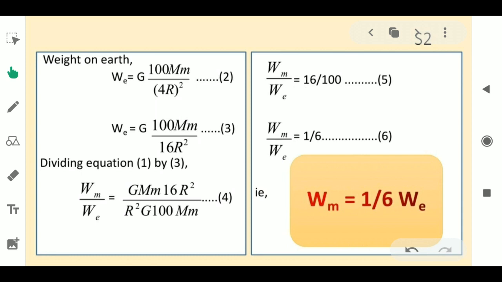That is Wm by We is equal to 1 by 6. That is Wm is equal to 1 by 6 We, which means what? The weight of an object on the moon is equal to 1 by 6 of its weight on the earth. Clear? It's a very important equation, so you should study how to derive this equation and study the same.